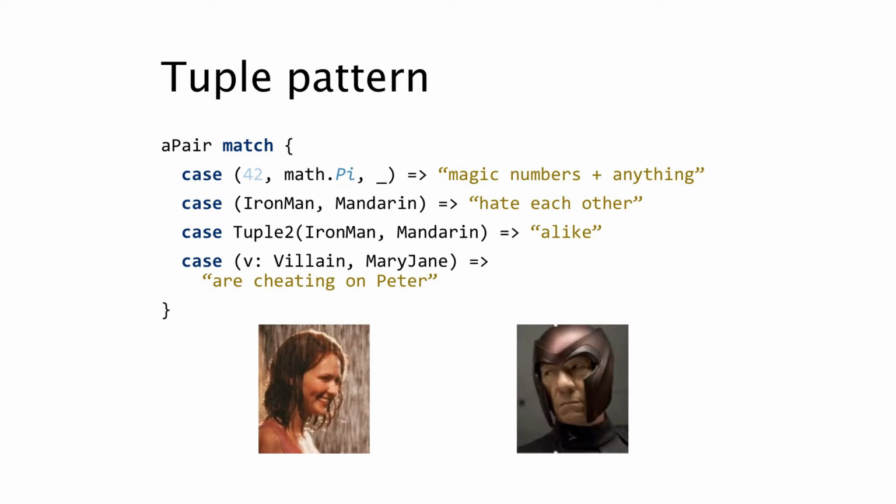The second one is written in English, pi. And the third one, we don't really care. The other will match against Ironman and Mandarin. And this one is actually a constructor pattern. So the tuple pattern and constructor pattern are very close to each other. What happened here?